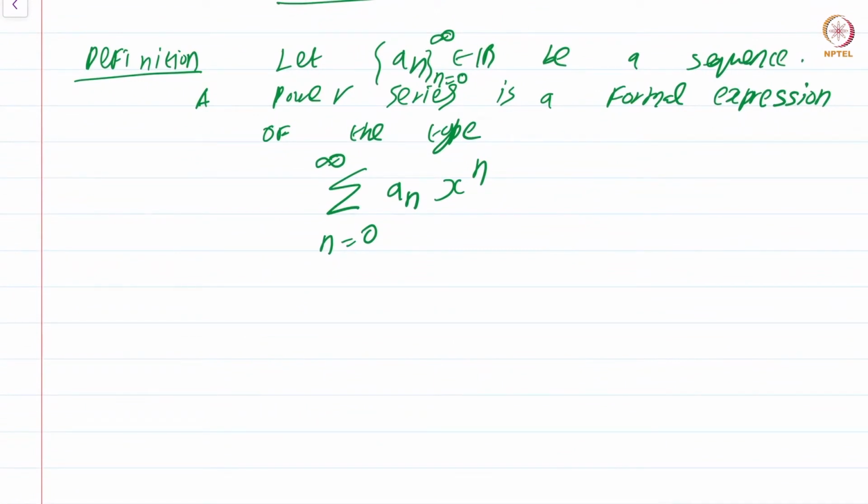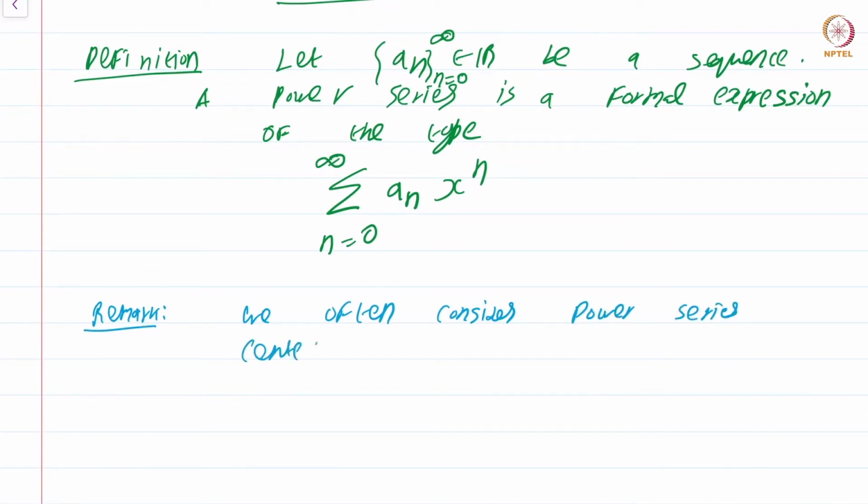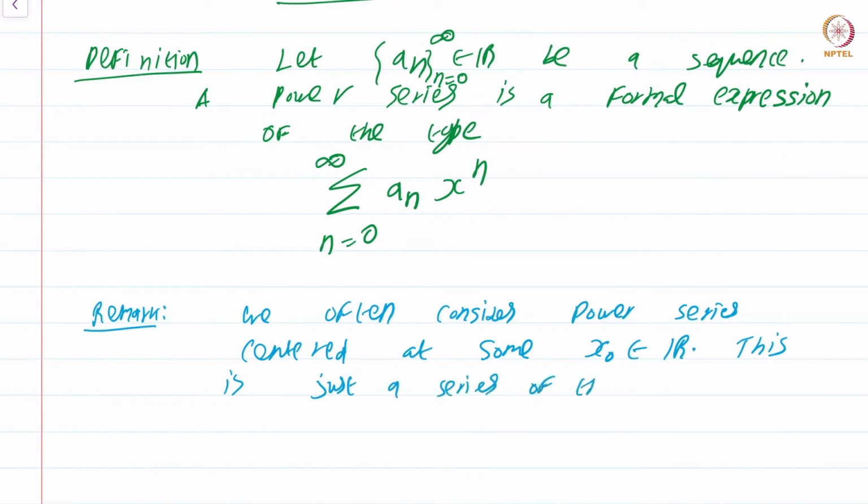Okay, so let me just make a remark. We often consider power series centered at some x naught in R. This is just a series of the type summation n equals 0 to infinity a_n (x minus x naught)^n.